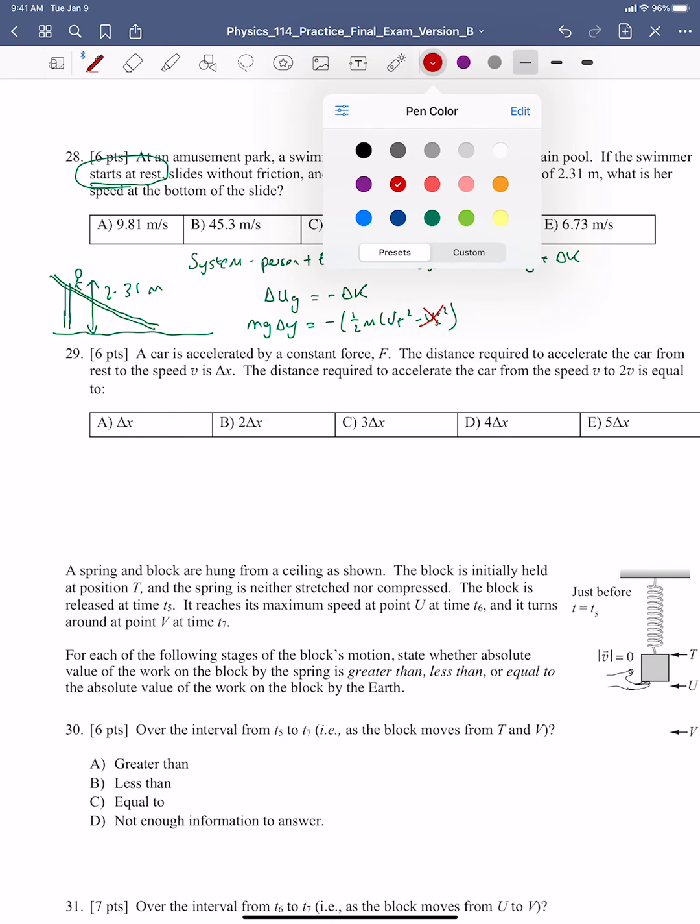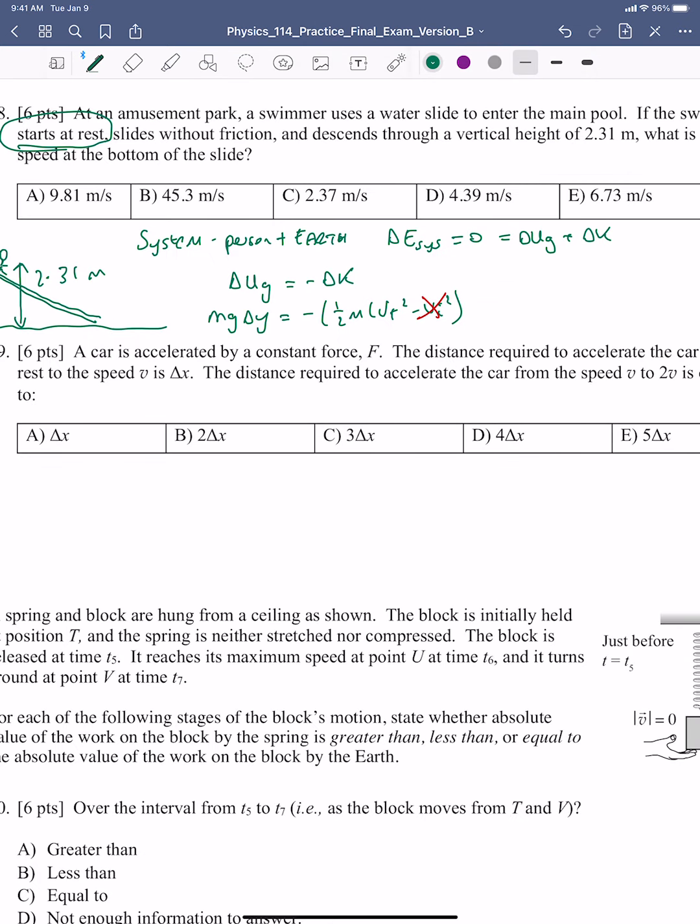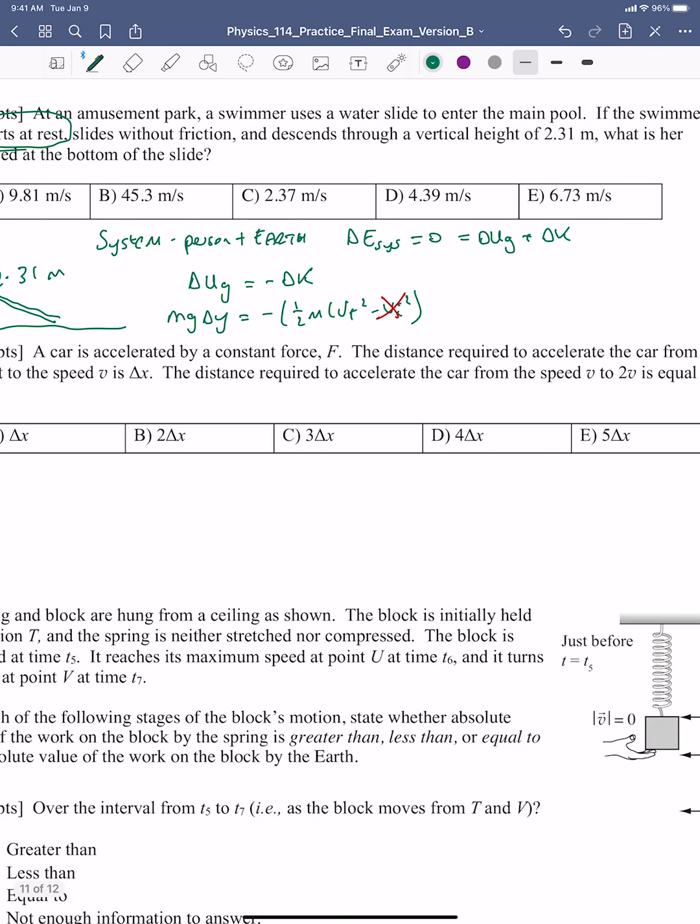So we're looking at this scenario, then I'm trying to solve for speed at the bottom, solving for vf. So the vf would be equal to the square root, I guess the m's will cancel. And you're not given the mass of the person, it's not required.